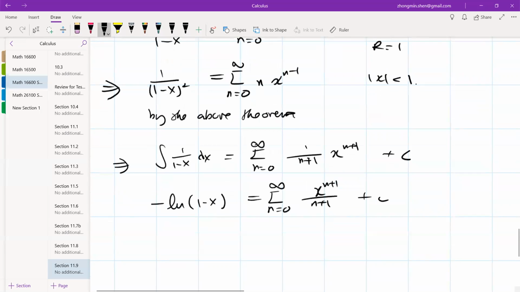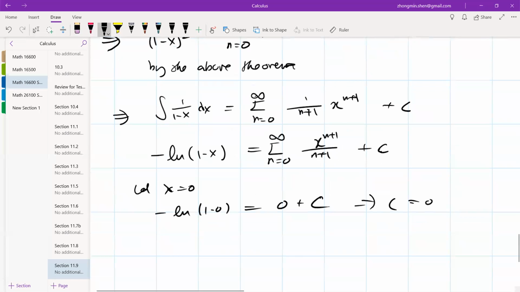Let's figure out what the constant is. If x equals 0, both sides are going to be 0. So let x be 0. You get natural log of 1 minus 0, which is 0, and 0 plus c. So c must be 0.